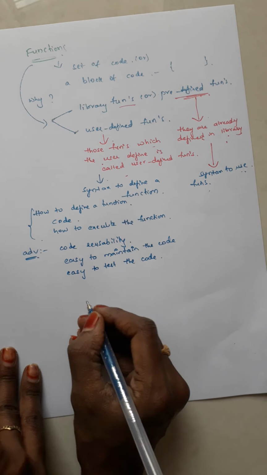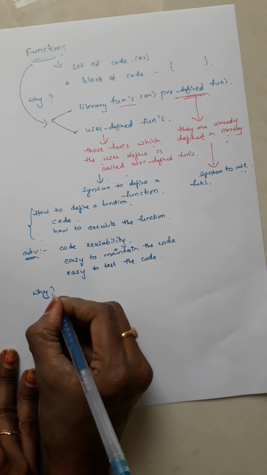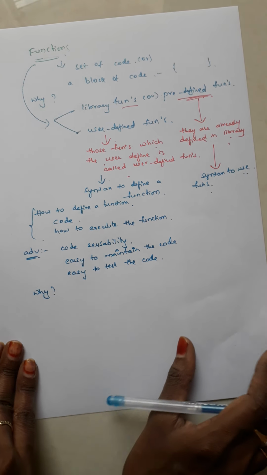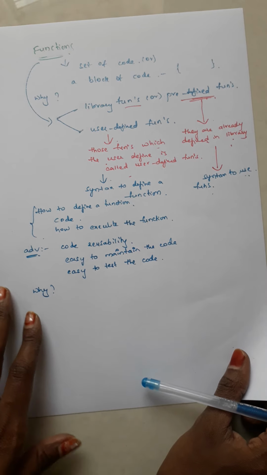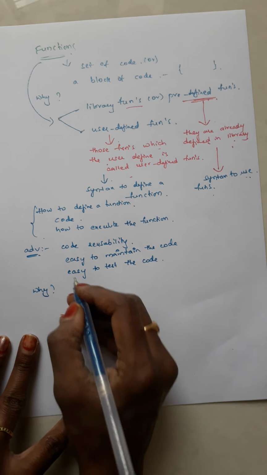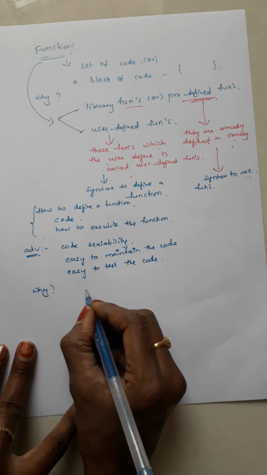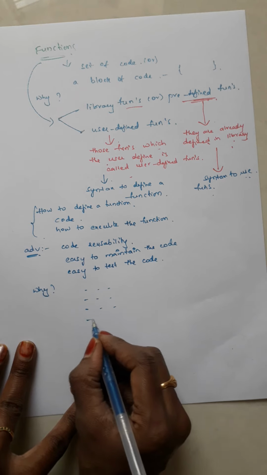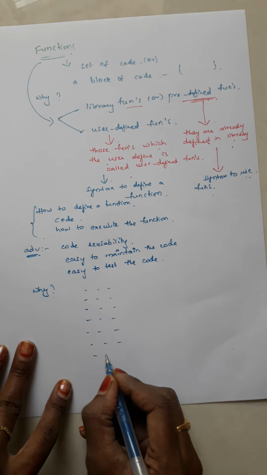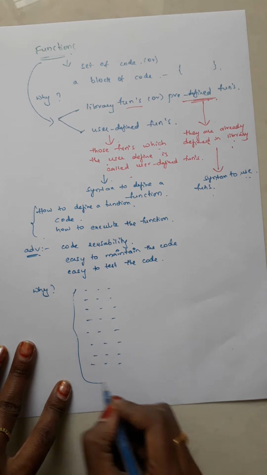Now let us discuss why we have to define a function. For example, a program contains 100 lines of code.